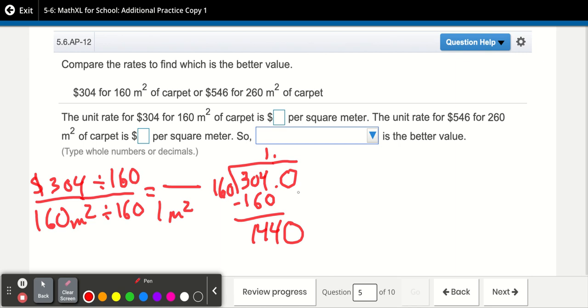See if you can have an idea of what that might be. Well, it's going to be 9, because 9 times 16 is 144, and 9 times 160 would be 1,440. No remainder. Okay, so it is $1.90 per square meter.